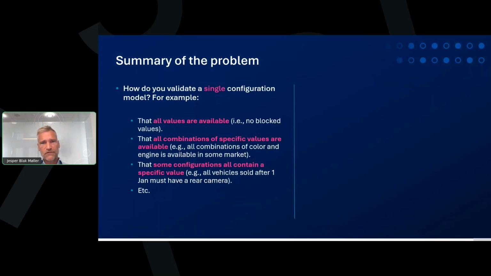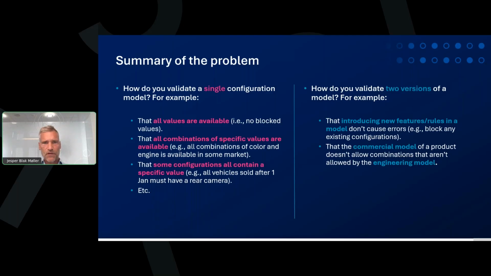So let's try to summarize this verification problem as follows. How do we verify that a single product configuration model is correct? For example, that all values are available, that certain combinations of specific values are available, or that some configurations contain a specific value for another variable. How do you check that for a single model?